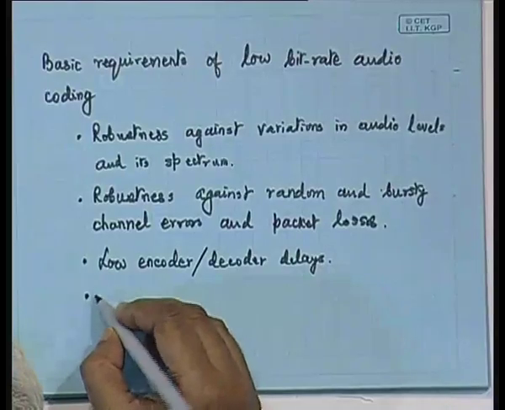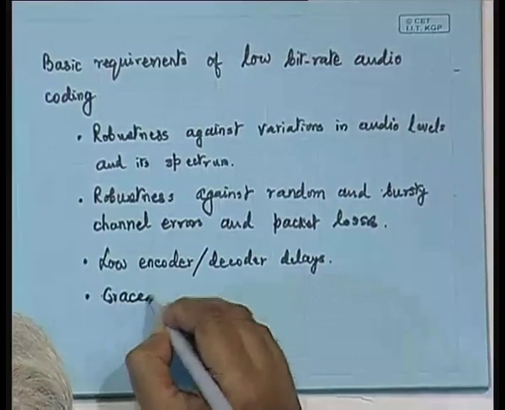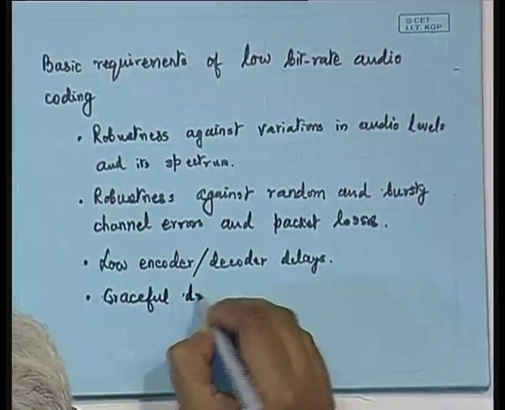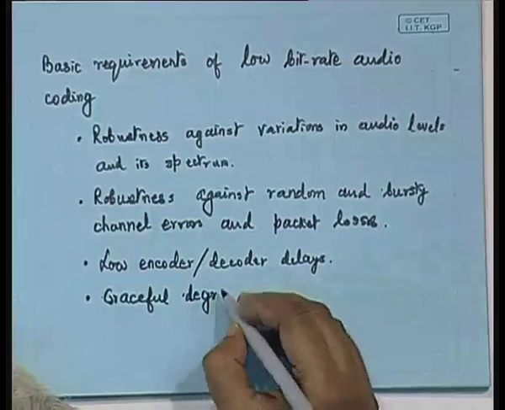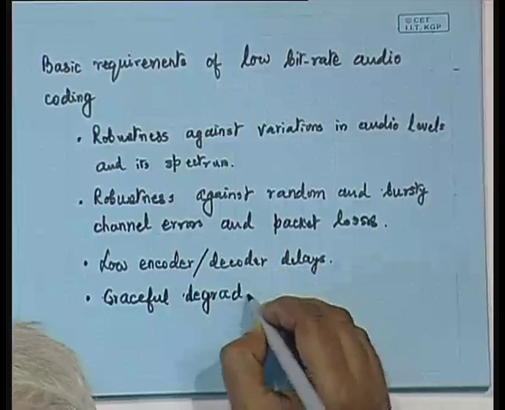The degradation that results in the quality should always be a graceful degradation. In fact, we always talk about the degradation characteristics to be graceful. So, graceful degradation of quality with increasing bit error rates.